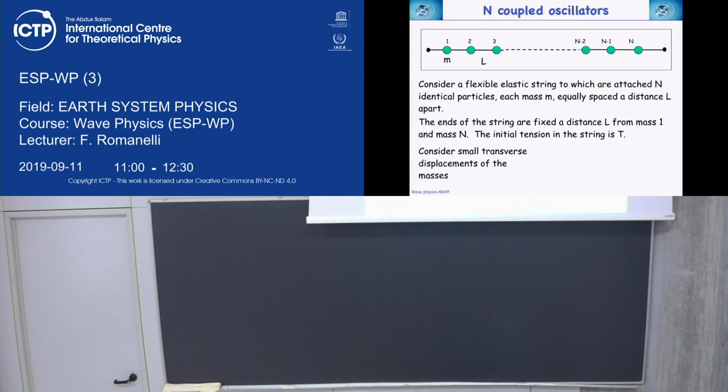Now, what to do? Let's consider the simplest configuration. All the masses are the same. All the masses at equilibrium are equally spaced. All the tiny springs between the masses are the same. And this discrete string starts at one point and ends at another point.